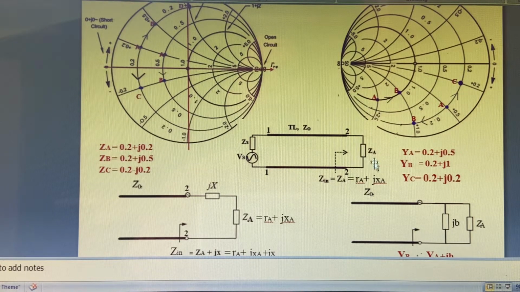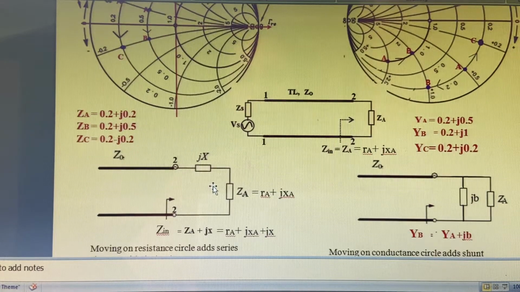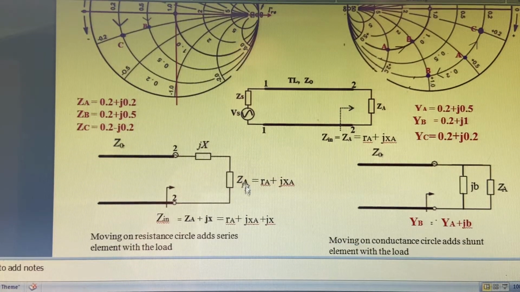Now, if you add a series element to this Za, a series reactive element as shown in this figure, then the input impedance between the terminal changes. Now that input impedance looking into the terminal 2, Zn, is given by Za plus jX.